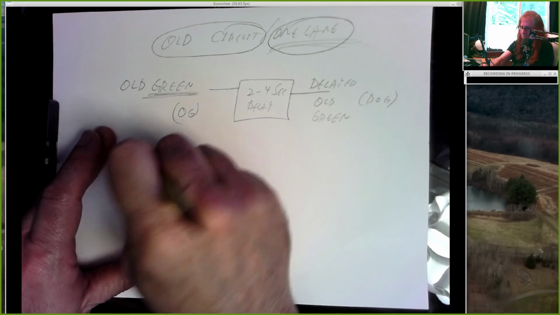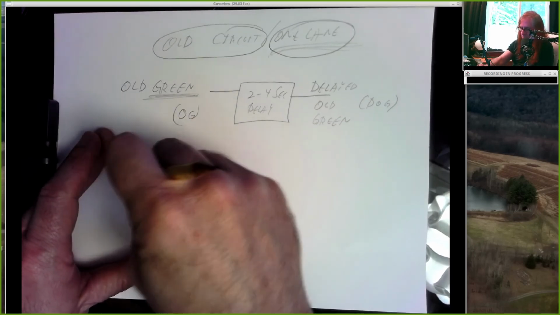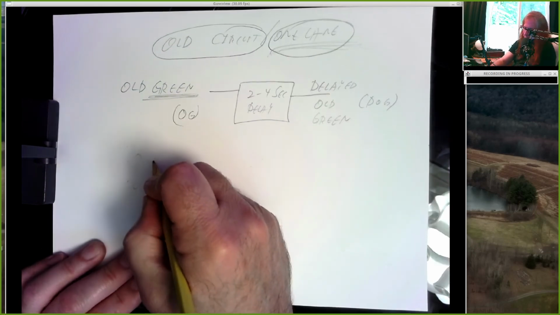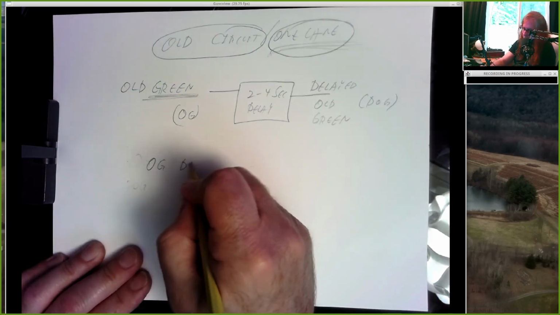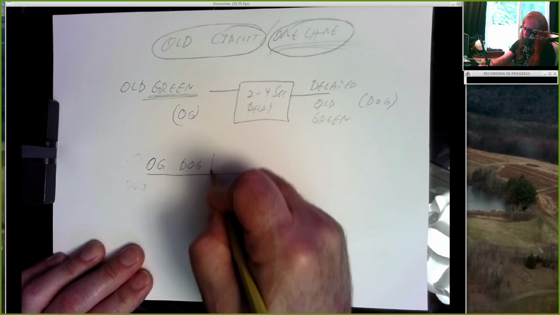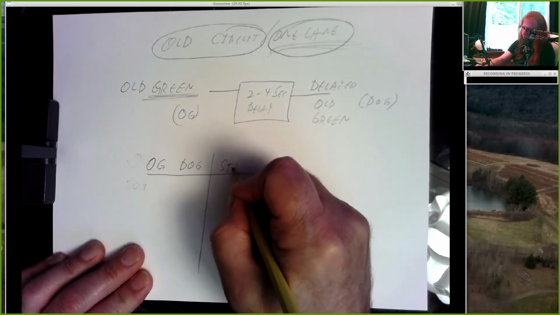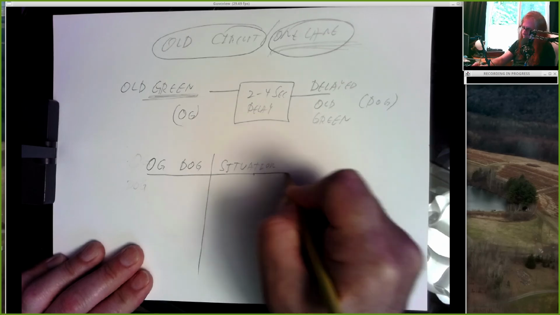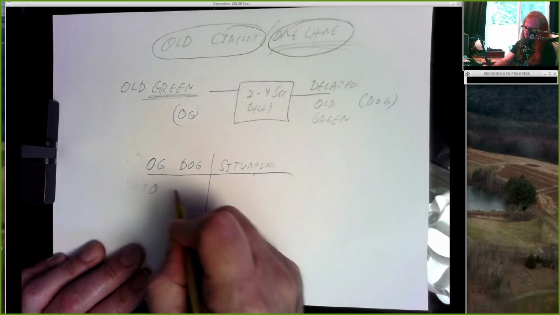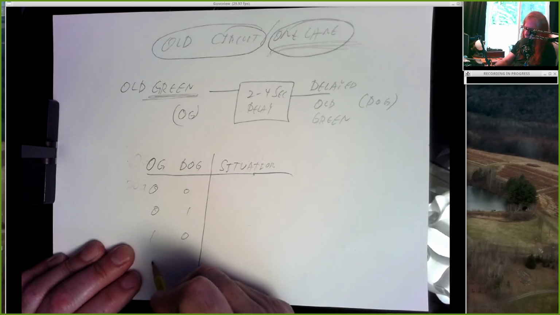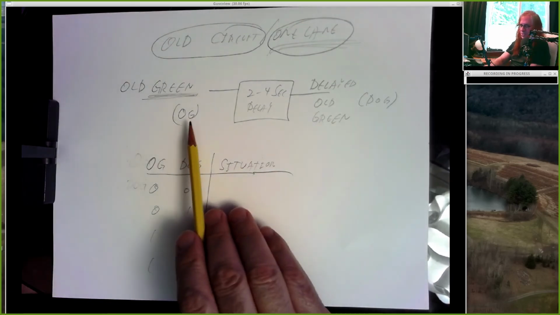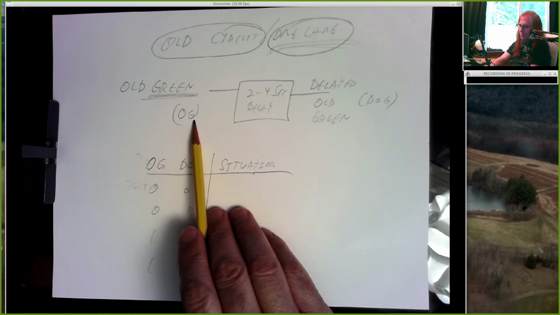And I'm going to make a truth table. And we've only got 5 minutes, so let me describe this to you. And you can think about it, and we can talk about it Wednesday. But there are 4 possibilities. So suppose the old green signal is a 0.